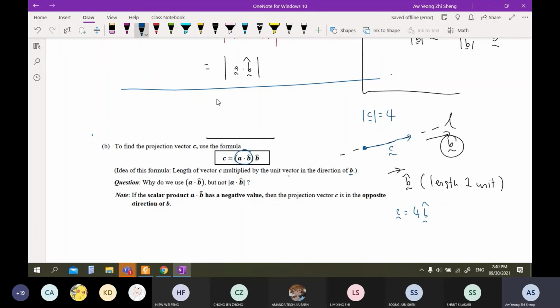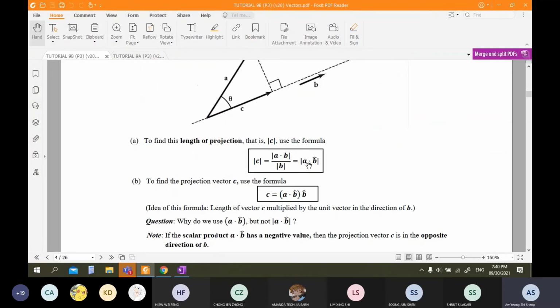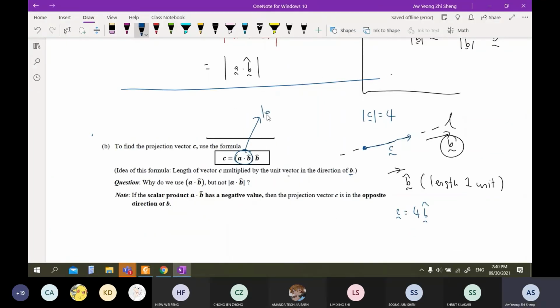If we refer to the length of projection formula up there, this number here is actually length of projection. And then multiplied by B hat. So it's the same with my numerical example here. What is 4? 4 is length of projection. Okay, and multiplied by B hat.